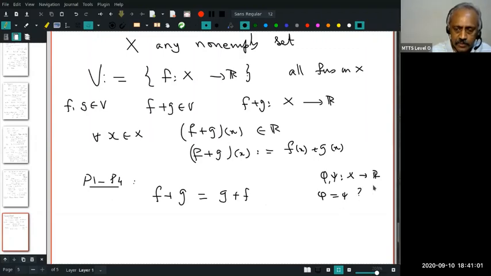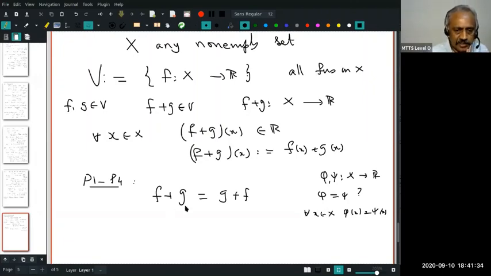Two functions with the same domain are equal if and only if for all x in the domain, phi(x) is equal to psi(x). Usually, beginning students will say identically equal to. You don't have to say that. When I say two functions are equal, this is the only meaning: at each x in the domain, the functions take the same values, phi(x) equal to psi(x).